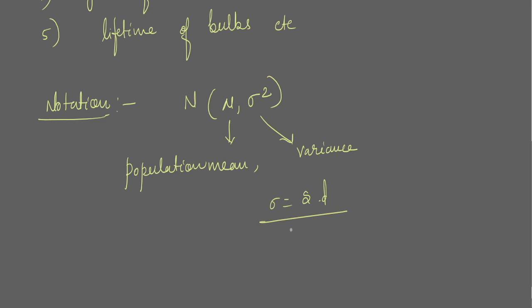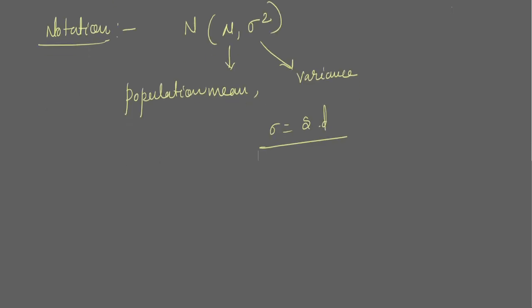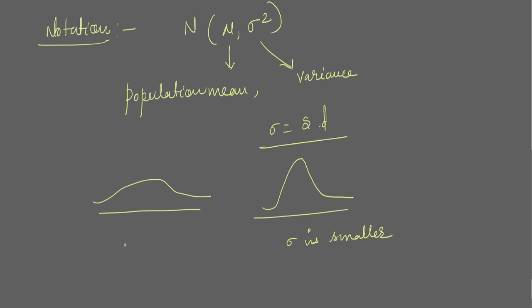The larger the sigma, the more spread the distribution, that is the curve gets flatter, and if the curve has more peak or height, then the sigma is smaller. So here in the first case sigma is large, and in the second case sigma is smaller.